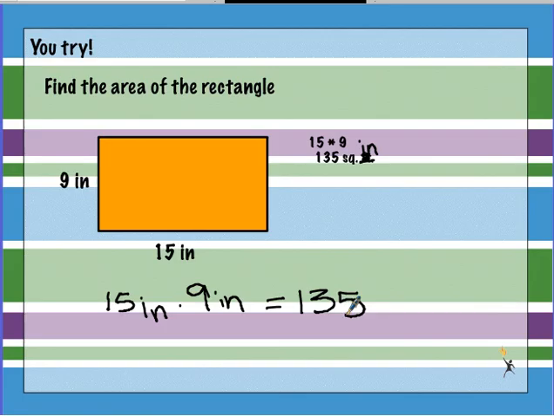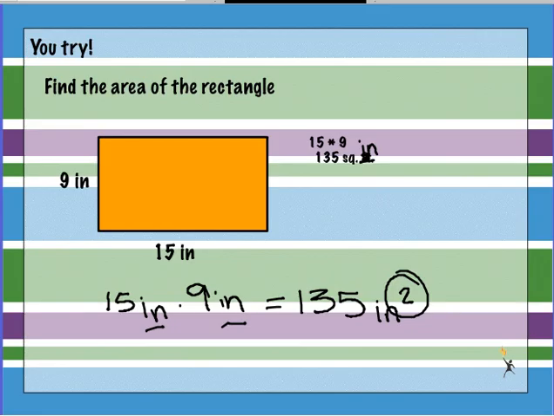And then you have inches and inches. So inches times inches, which is inches squared. The squared also tells you that it's two dimensions, your base and your height. So it implies that it's area. So anytime you see square units and they're talking about measurement, you know that they're talking about area.